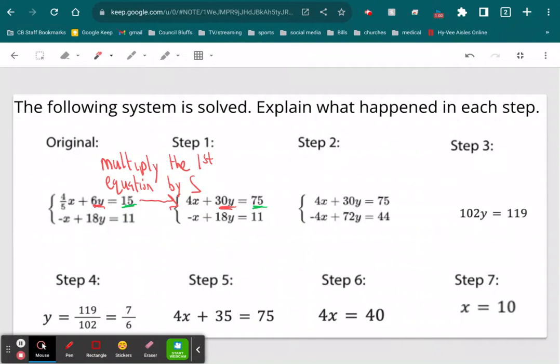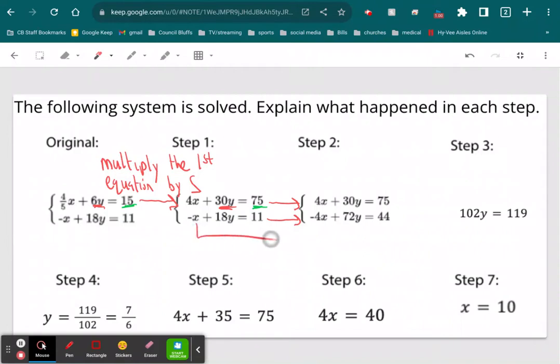So now let's look at step 2. It looks like the first one stays the same and the second one changes. The first one stays at 4x plus 30y equals 75, but the second one changes. Negative x becomes negative 4x, 18y becomes 72y, and 11 becomes 44. So it looks like they multiplied the second equation by 4.